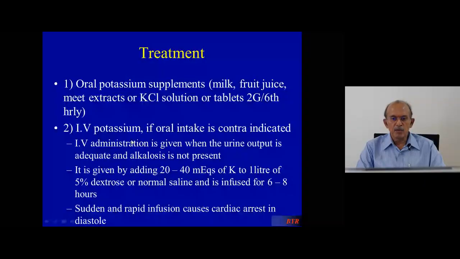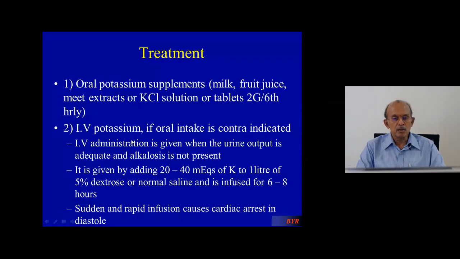Sudden and rapid infusion causes cardiac arrest in diastole. So you should not give potassium chloride straight into the vein. You must give it only as a slow infusion mixed with saline or mixed with dextrose. So please remember this point. Once you come to the house surgency, sometimes your professor may ask you to administer potassium to one particular patient.